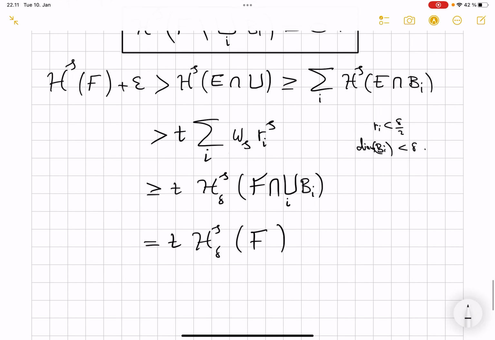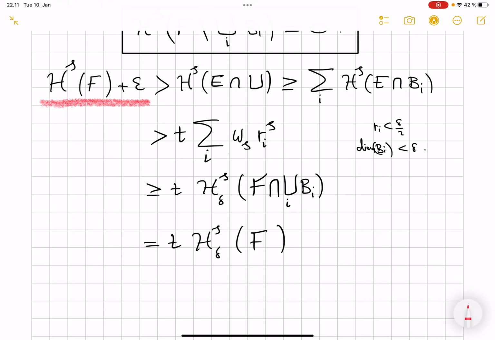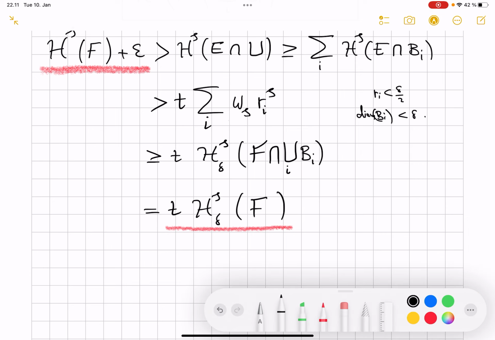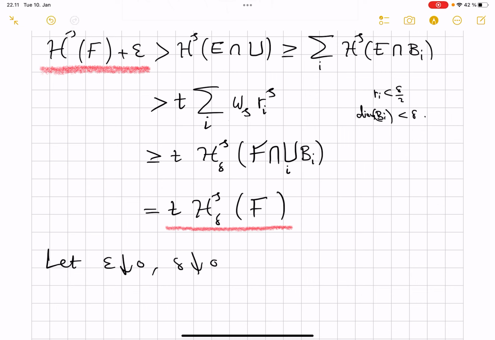Finally now we are here. Again, we started with some H^s of some set, and we basically ended with that. And that can be made precise because delta is arbitrary, and so is epsilon. So if we let them go to 0, I don't think the order matters here, but we can double check.